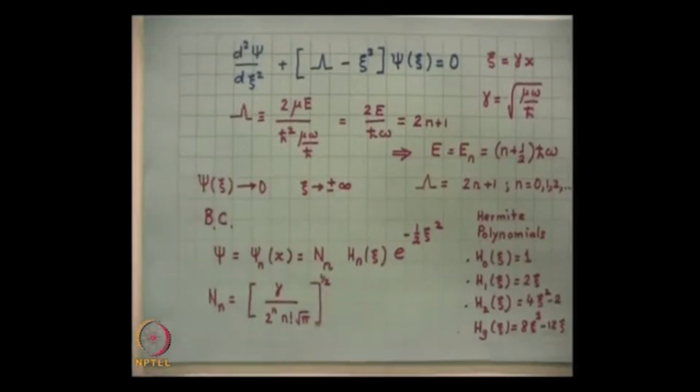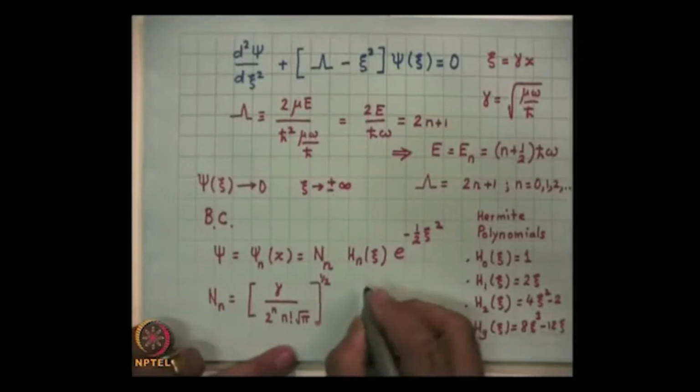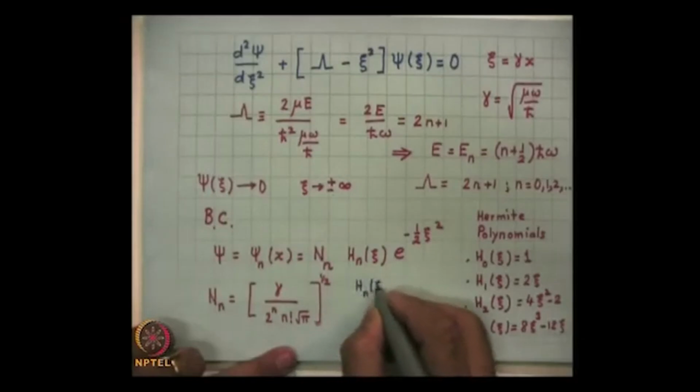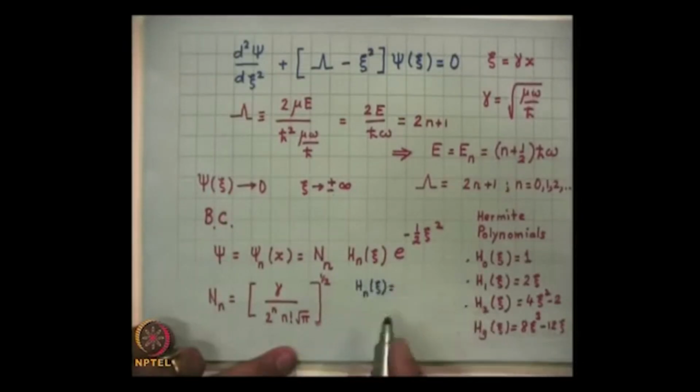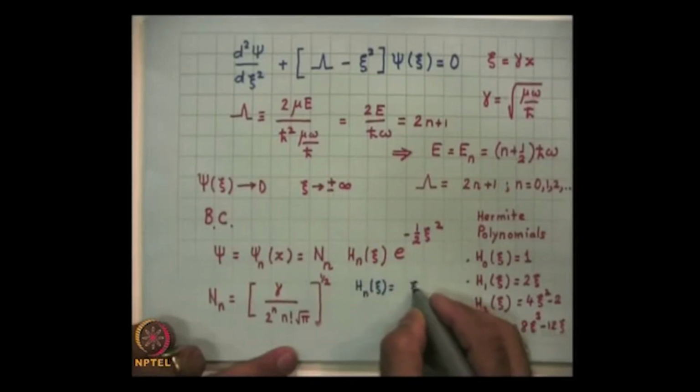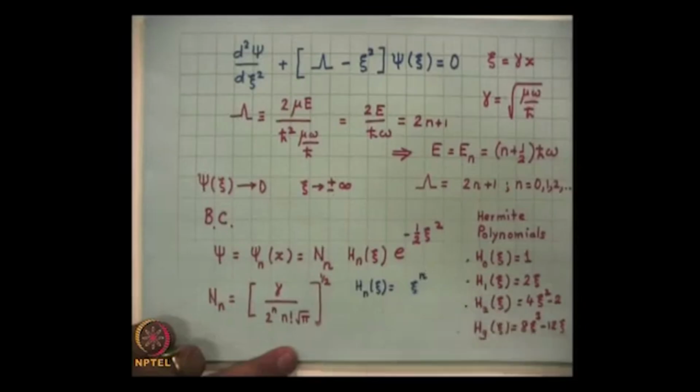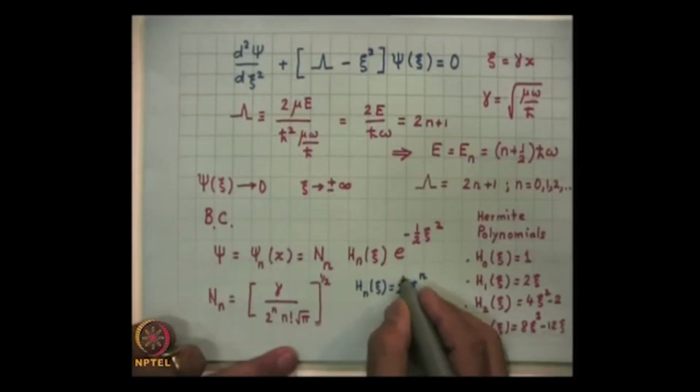There is one important property that may help you to remember the Hermite polynomials: in H n of xi, the maximum power of xi will be xi to the power of n, and the coefficient of that will be 2 to the power of n.